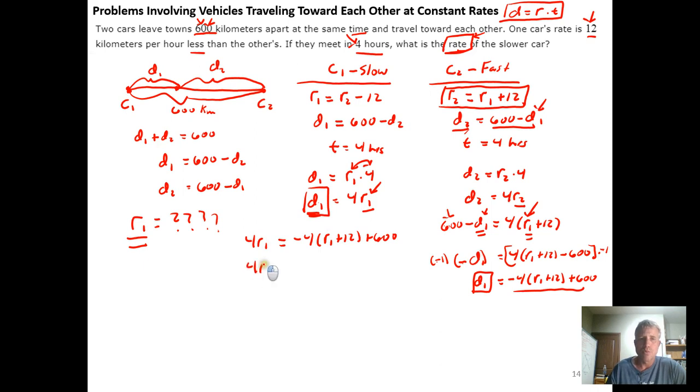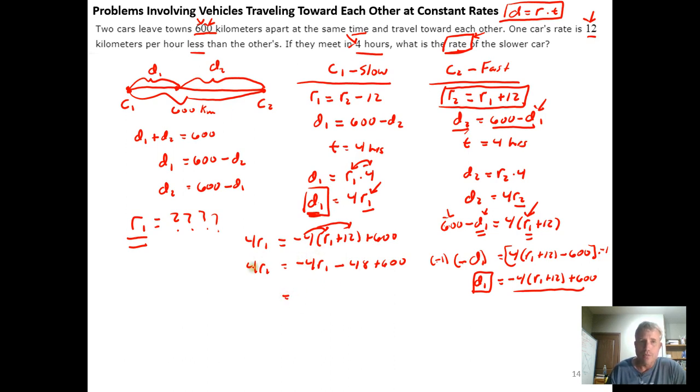So 4 times rate 1 equals, distribute the negative 4 into the parentheses. So I get negative 4 times rate 1, negative times positive is negative, negative 48 plus 600.